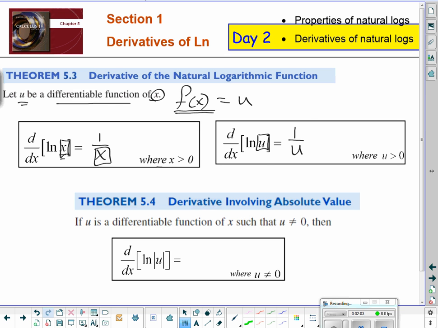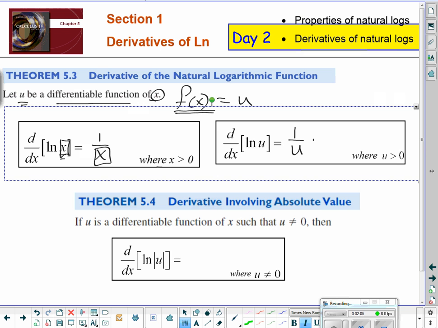u. But then the good old chain rule kicks in, and we have to take the derivative of the inside function. This natural log of u could be written with parentheses. I could say natural log of u. That becomes 1 over u times the chain rule of the derivative of the function.